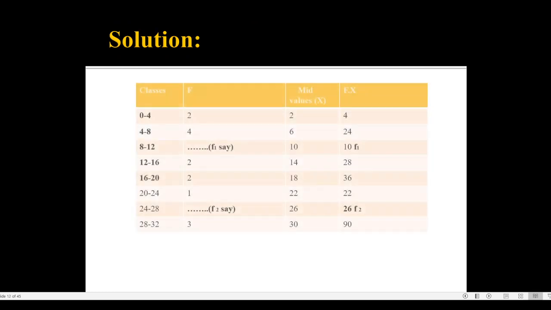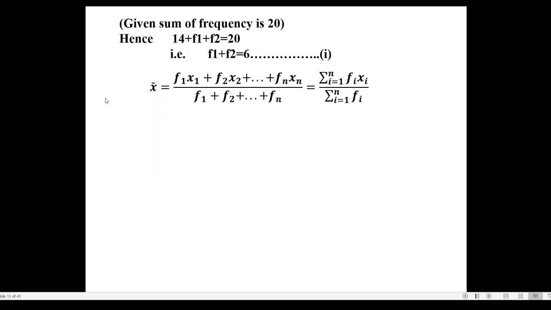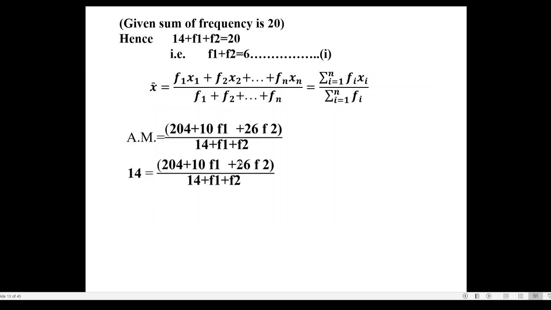Therefore we use this 14 value here. We get 14 is equal to this, and if we cross multiply, we get 14 into 14 is 196 plus 14 f1 plus 14 f2 is equal to 204 plus 10 f1 plus 26 f2.